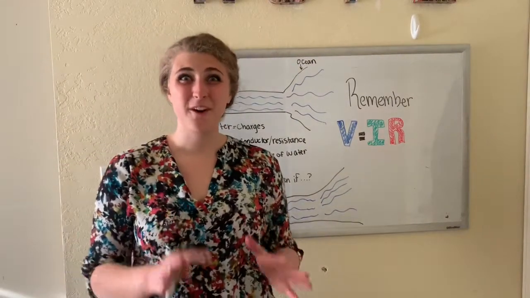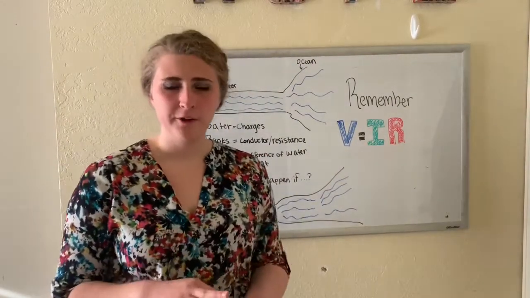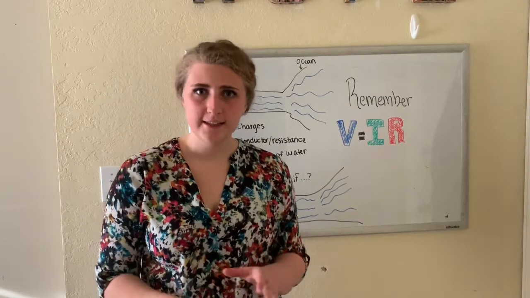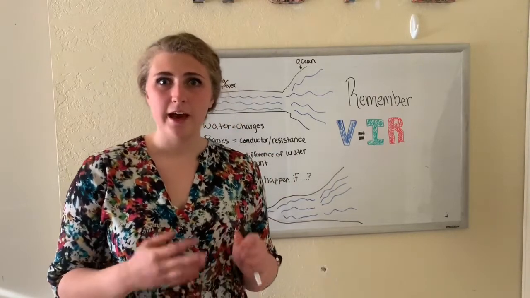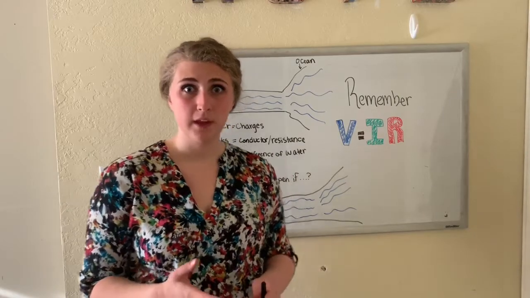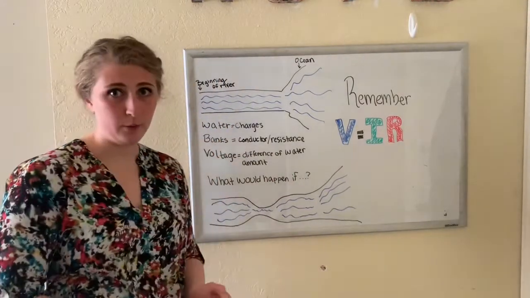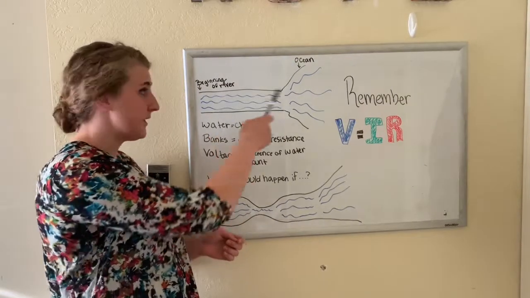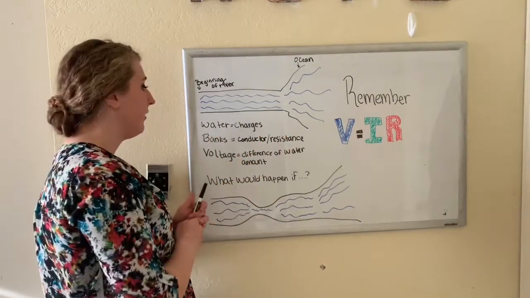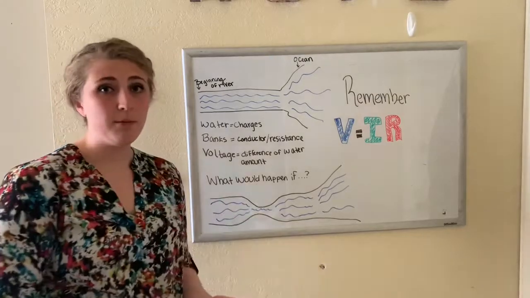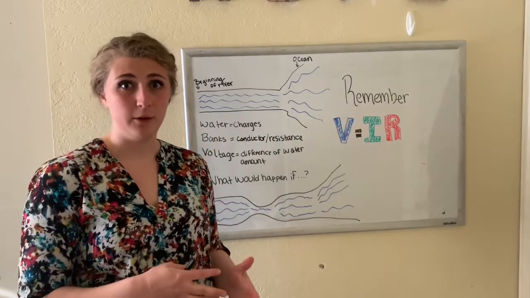Okay, so we've already talked about how a river analogy relates to current. Let's take that a little bit deeper and look at how it relates to every variable in our equation. So here we have a river. This is where the river begins, and here's the ocean. The water in the river is representative of the charges that are flowing.